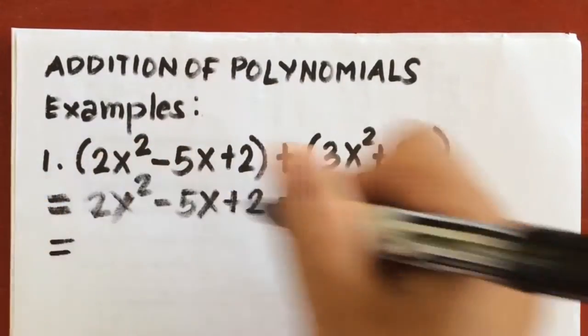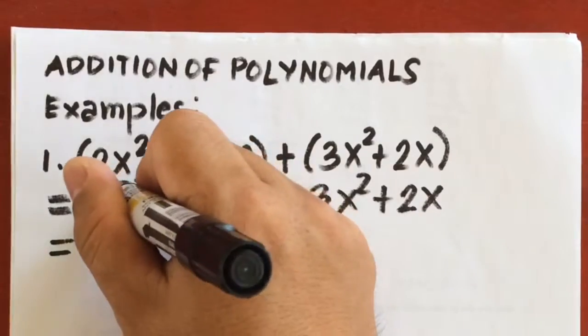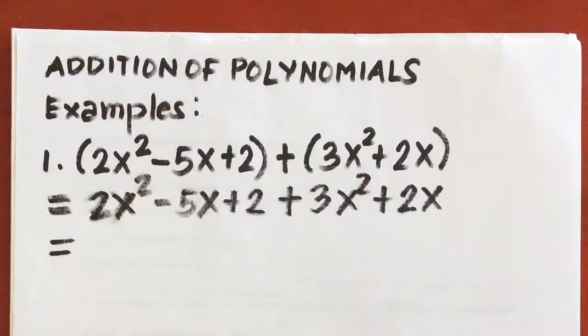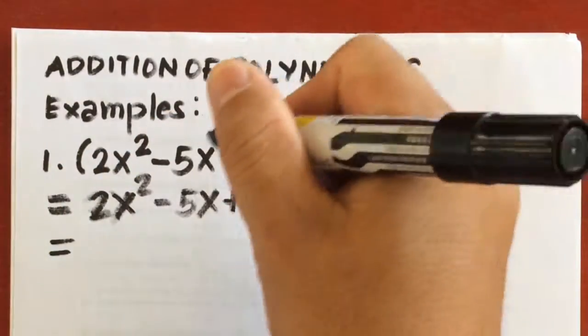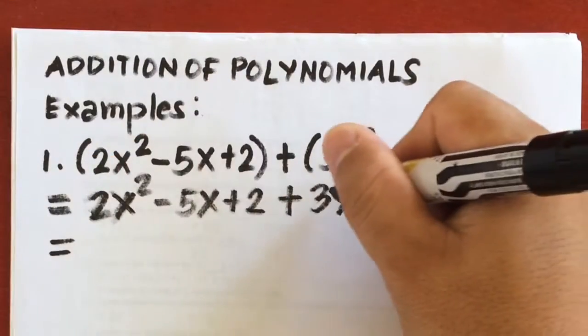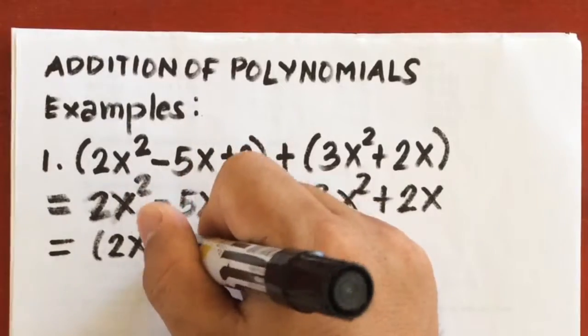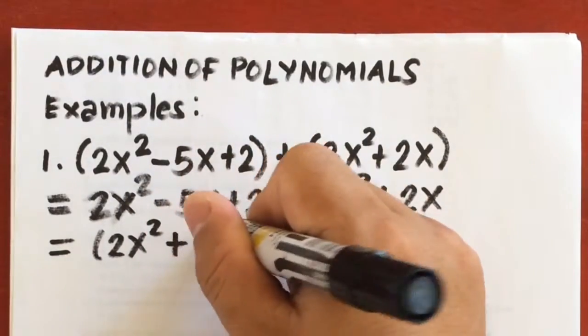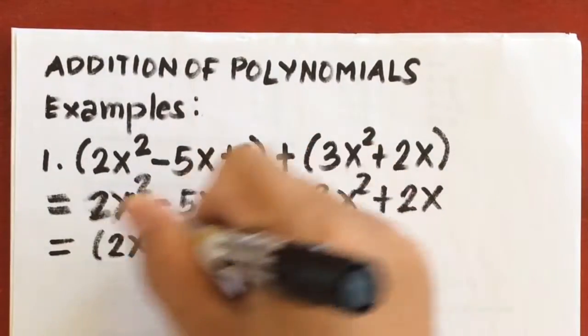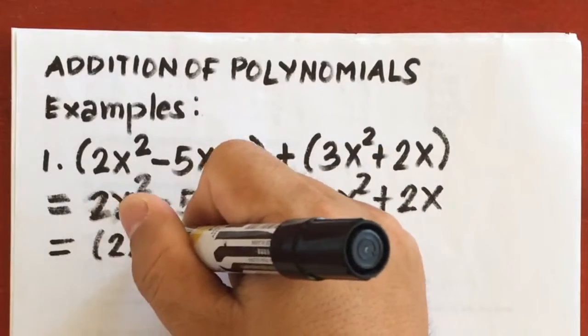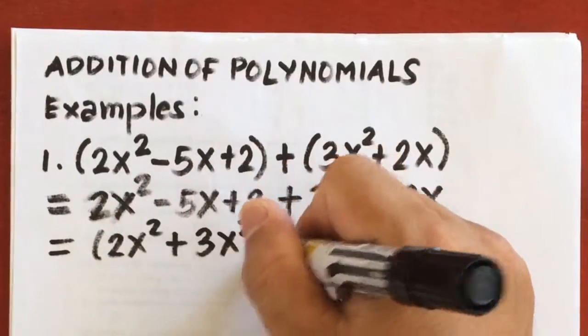Now we're going to follow the rules, which is we simply combine like terms. Like terms will be 2x squared and 3x squared, so we're going to have 2x squared plus 3x squared. So they are similar terms because they have the same variable and the same exponent.